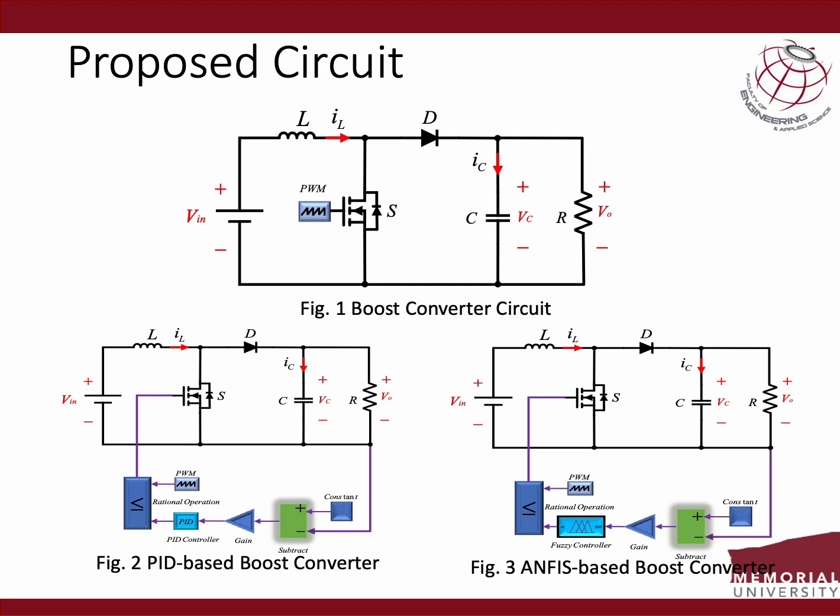But then you have an inductor connected to the input. So from this circuit, we understand that we have two storage elements, an inductor and a capacitor, and there's a MOSFET that mostly does the switching.